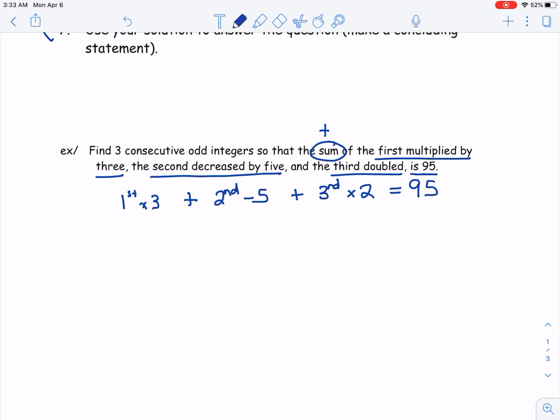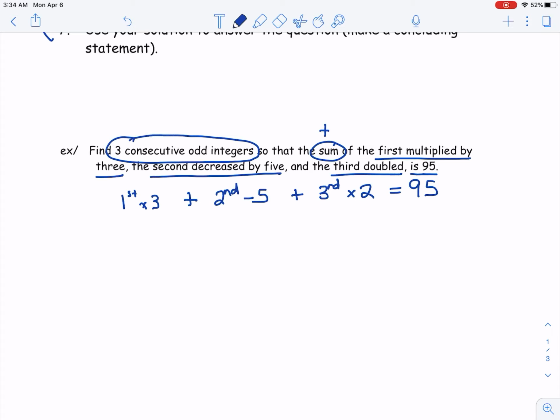So the first step is to basically really just understand what the problem is asking you to do. So now we need to come up with one variable, and that one variable is going to represent something that we're trying to find. We are trying to find 3 consecutive odd integers.